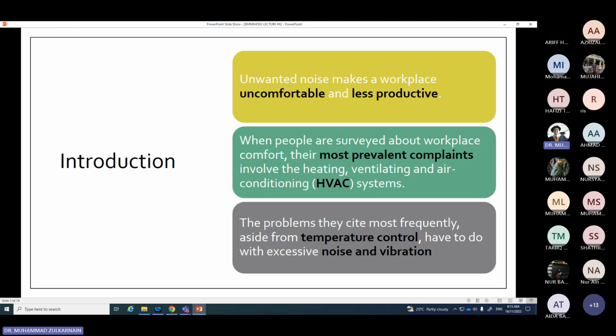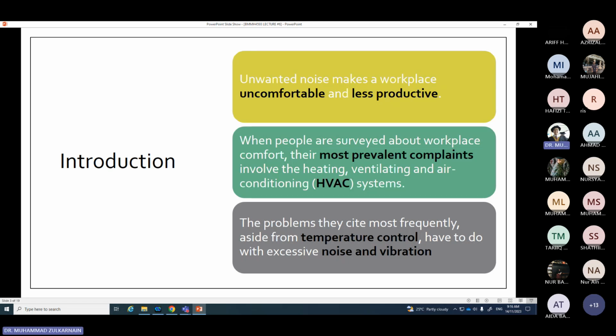As we know, HVAC plays with temperature, humidity, and air quality itself. Besides that, the contribution from the HVAC can also create noise. So we also try to cover this discomfort from the HVAC system.